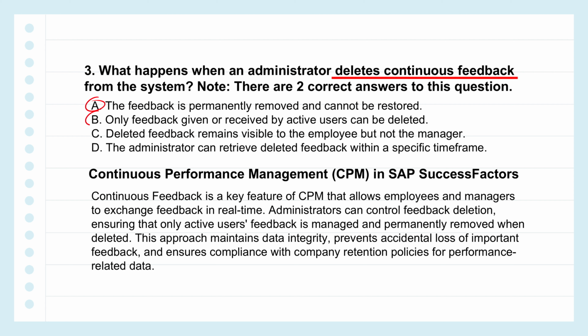It raises the question of how long feedback should be kept and who has the authority to delete it. These are important considerations for any organization using a continuous feedback system. It's not just about the technical aspects, but also the ethical and legal implications.